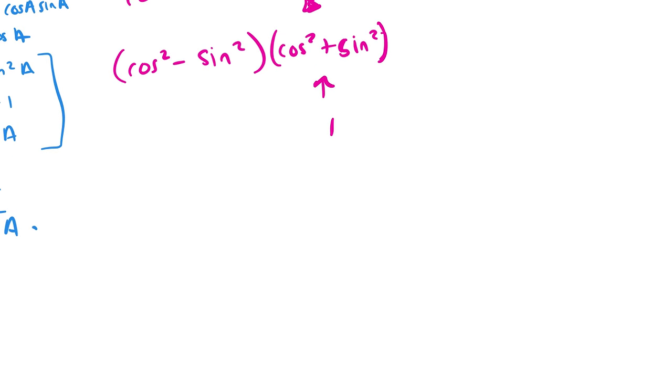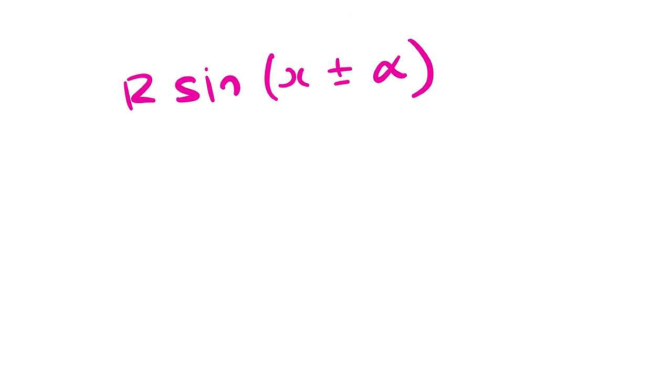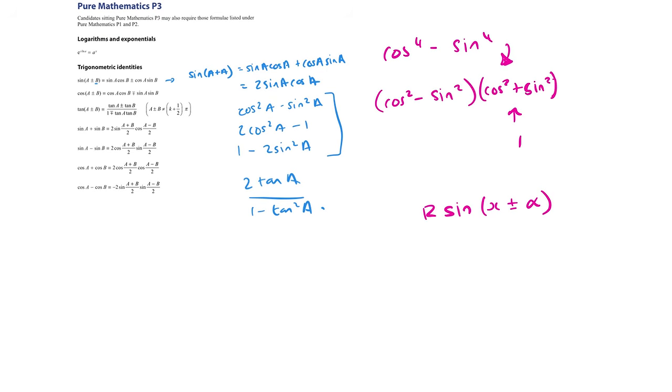Now, the other thing that's in this chapter, and I love this, is the R cos or R sine. We have the R sine and we have our x plus or minus our alpha. So depending if it's sine or cos, remember, you're going to be using this. And we're going to be doing matchings. So what do we know? It'll say express this, blah, blah, show that it can be written in this form.